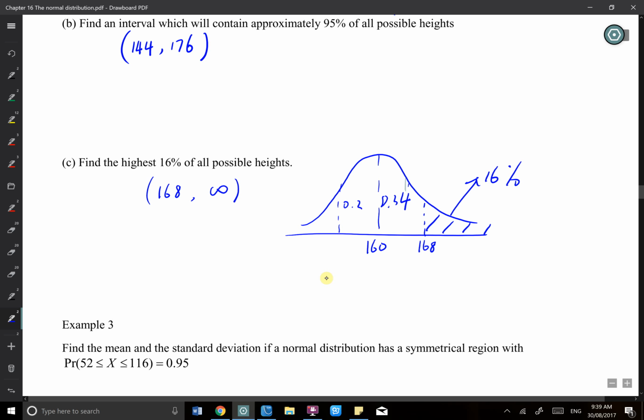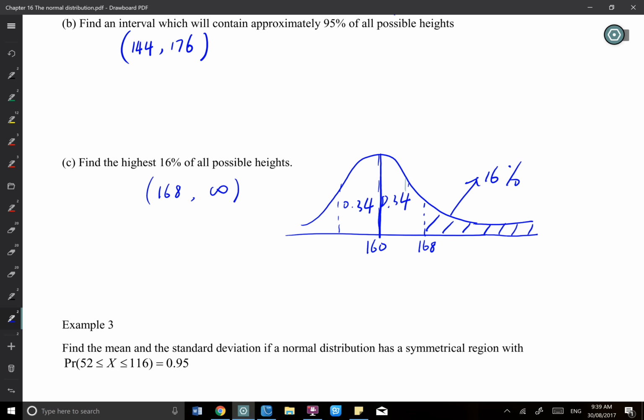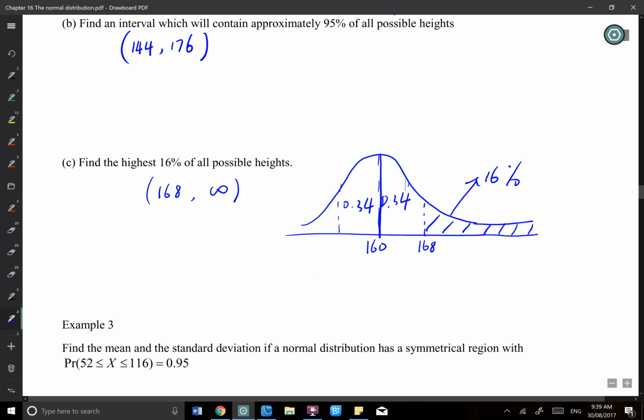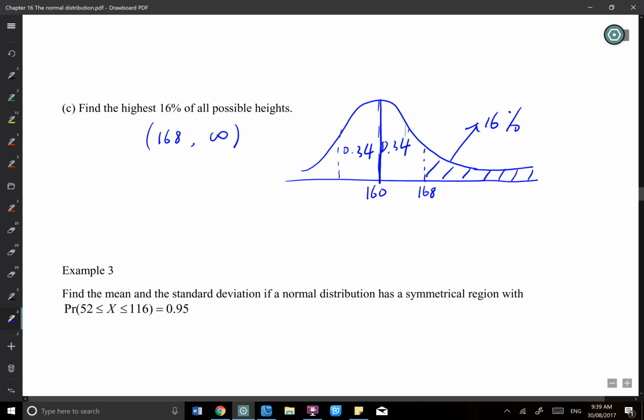That's 68%. So 1 is 34%, and then on the right hand side of that will be just 16%. So it's 168 to infinity. That's all the possible highs. You can have middle 16%, you can have lower 16%, but the highest one will be from 168 towards the right.